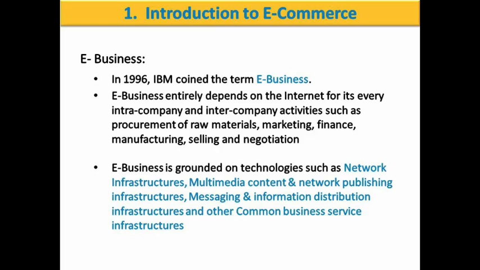E-business is grounded on various technologies such as network infrastructure, multimedia content and network publishing, messaging and information distribution infrastructure, and other common business services. We will also discuss these technologies under the topic e-business building blocks.